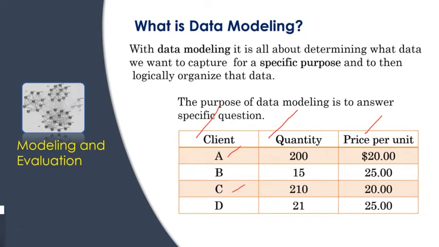They are in different clusters. That is why, see, their price is also different. When they are purchasing 200 units, the price is $20 only. But clients B and D are purchasing a smaller amount, so the price is higher.